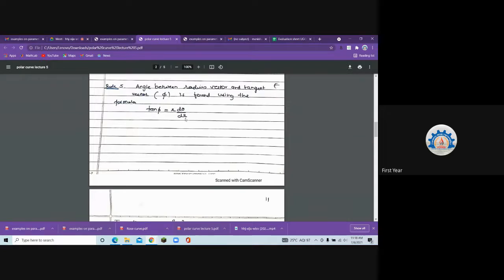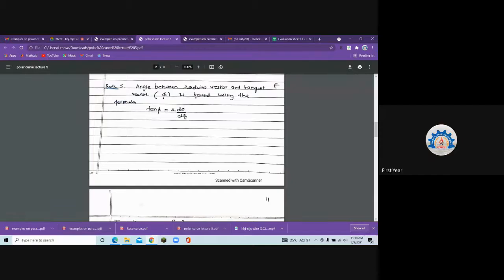But right now we are going to use it for finding the angle phi. If phi is 0, then the angle between radius vector and tangent vector is 0, that means the two vectors will overlap. That is, radius vector and tangent vector will be coinciding. And if phi is 90, then radius vector and tangent vector are perpendicular to each other. Okay?